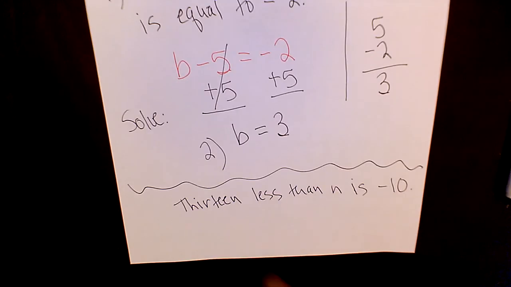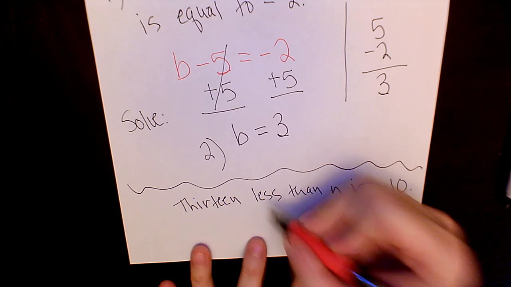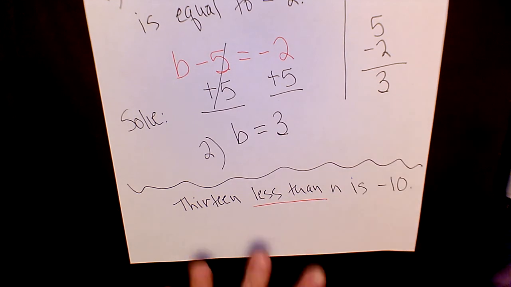So I want to write this sentence out. 13 less than n is equal to -10. So my key words here are less than.